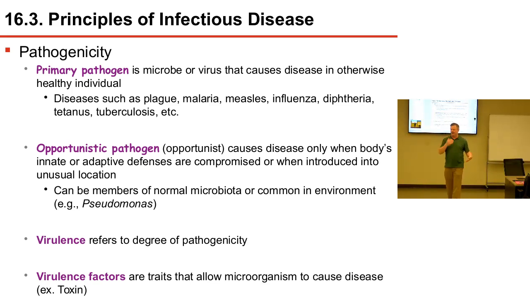As a molecular geneticist, when I was working in labs, we were working on virulence factors. We knew this bacteria caused disease, but what is it about that bacteria that causes disease? And that's going to be its virulence factors. So just make sure you understand those differences. You can run the spectrum of different virulence levels as well as virulence factors.